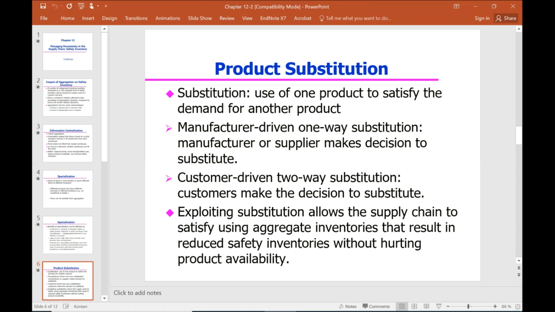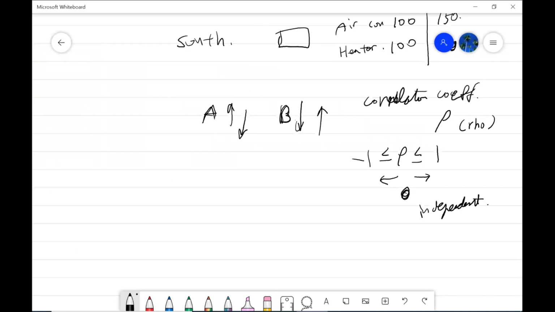So instead of, let me get my note here. Instead of you having the apple and the orange, these are quite different fruits. So you're probably not able to just substitute the apple with orange, or orange with apple.